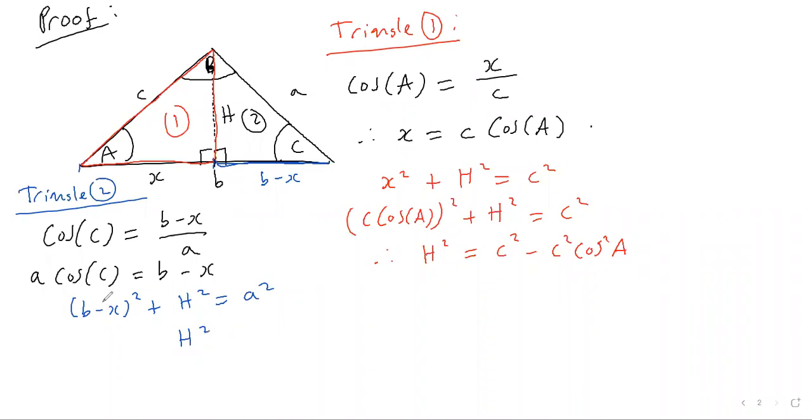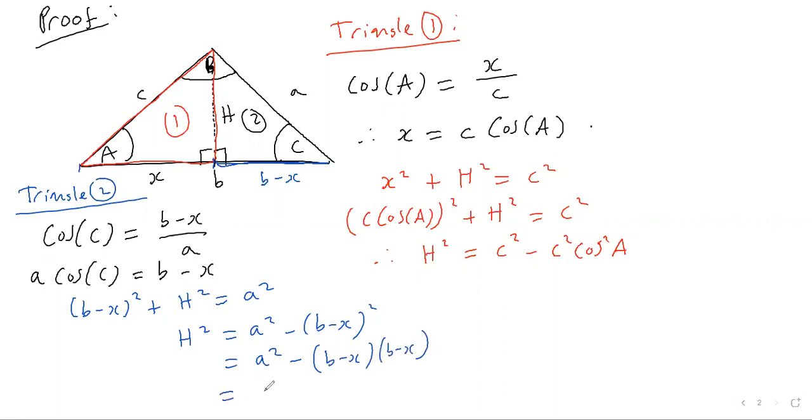If we take away this (b minus x) all squared from both sides, we get a squared minus (b minus x) all squared. And so this is going to give us a squared, and then subtract in the brackets here, b minus x times b minus x.